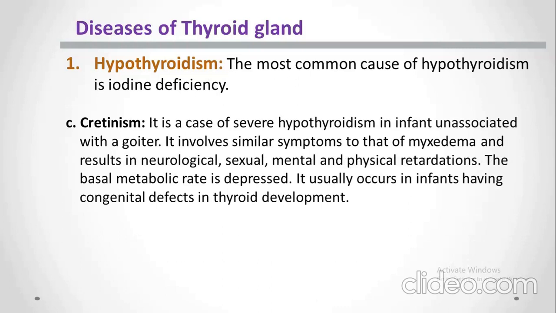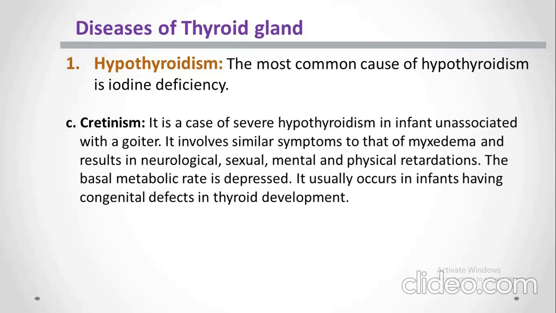Hypothyroidism, the third one is cretinism, which is a case of severe hypothyroidism in infants associated with a goiter. It involves similar symptoms to that of myxedema and results in neurological, sexual, mental and physical retardation.